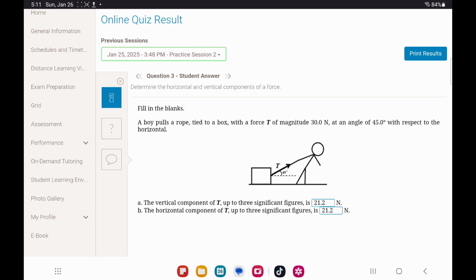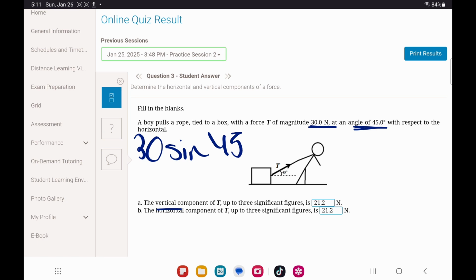Okay, here this is just 1, so you don't have to do net force, you don't have to add anything up. Here the force is 30 and the angle is 45. So for the vertical, it's sine, so 30 sine 45.